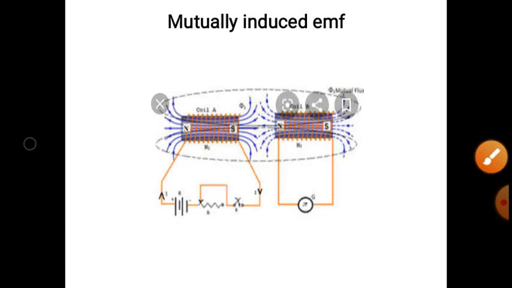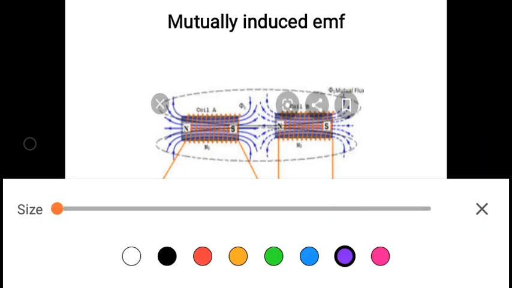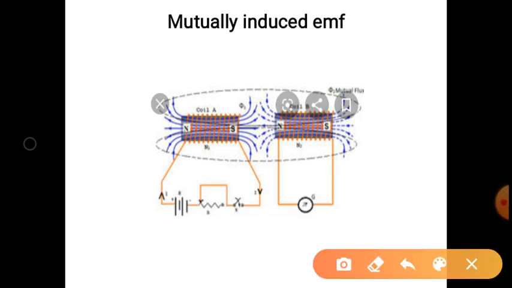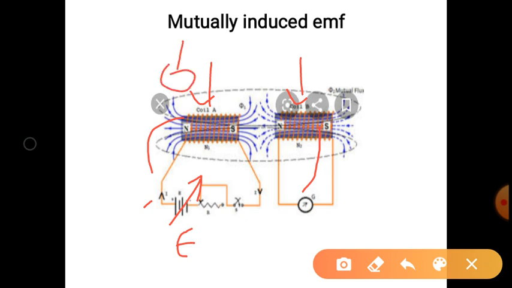It is mutually induced EMF. In the case of mutually induced EMF, you can see two coils, coil A and coil B. Coil A is connected to the supply and coil B is connected to the galvanometer. Whenever I switch on the supply, current will flow through coil A and flux will be produced.